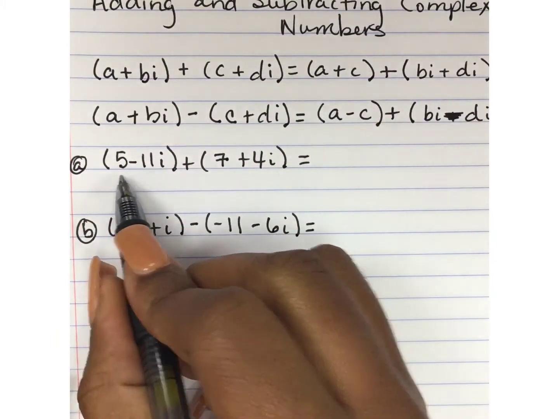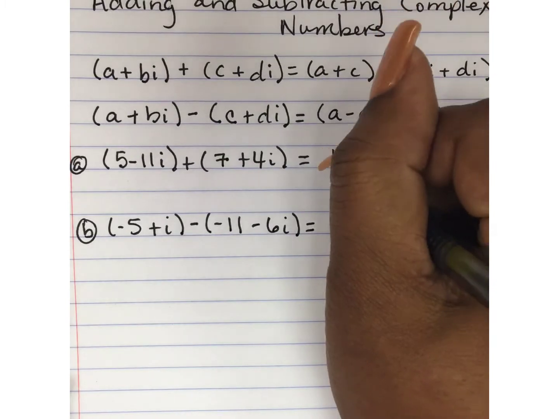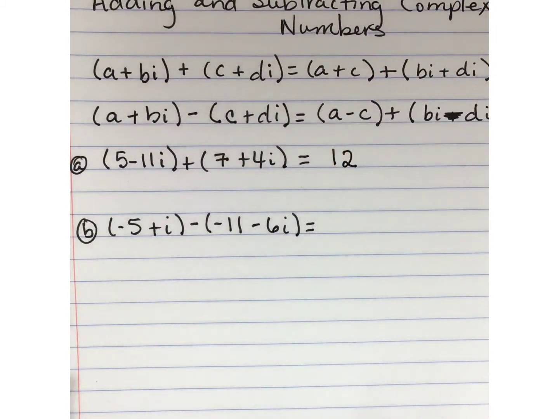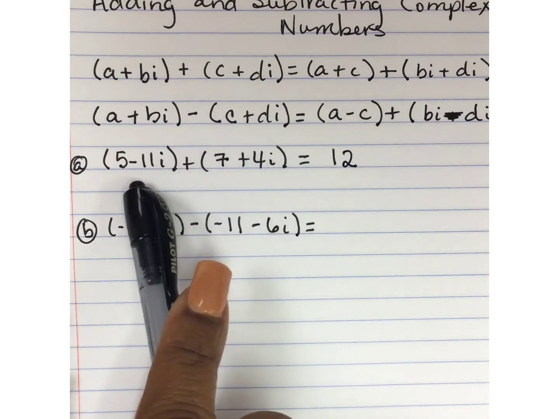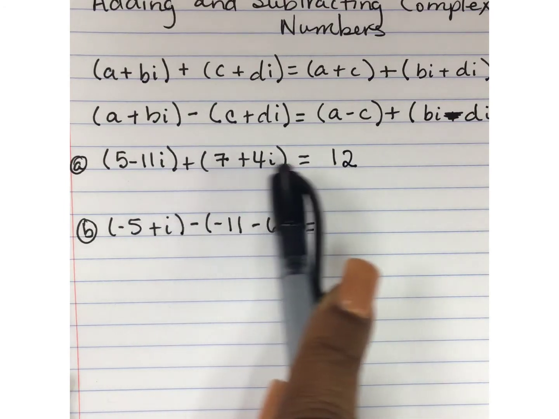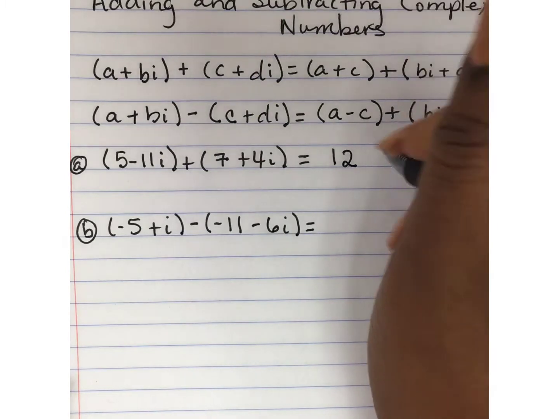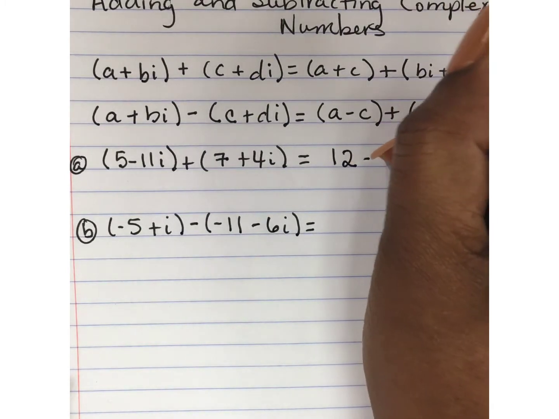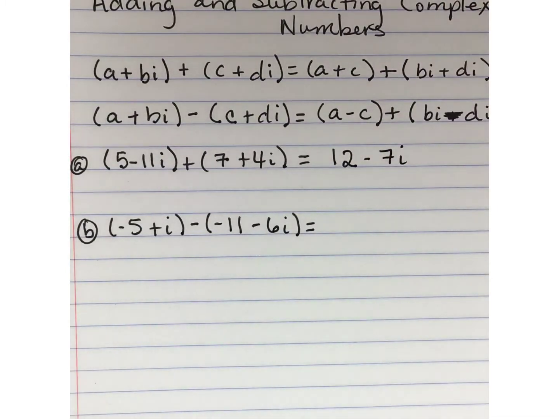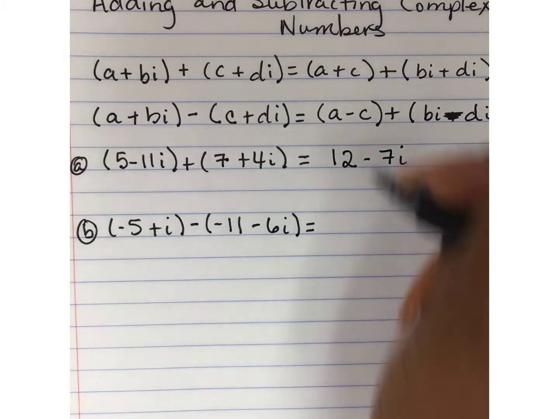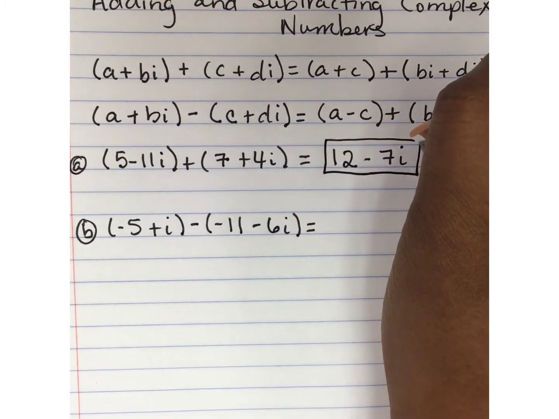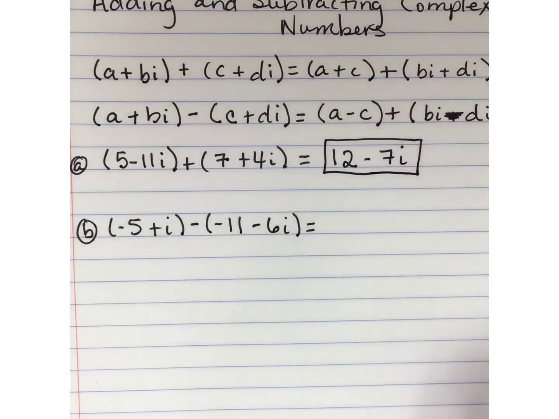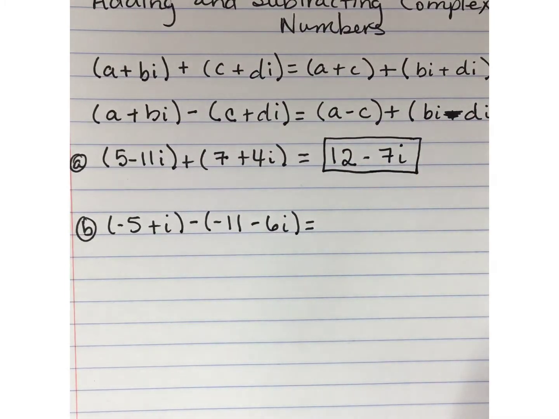So we're going to add 5 plus 7, and we get 12. And then we have to add the imaginary numbers. Negative 11 plus positive 4 is minus 7i. So when we add 5 minus 11i to 7 plus 4i, we get 12 minus 7i.